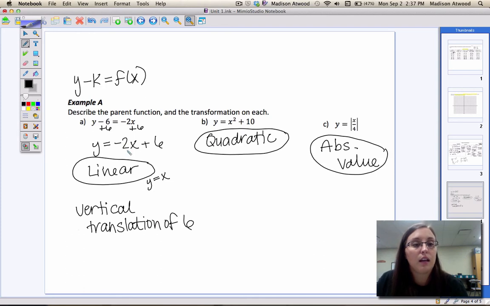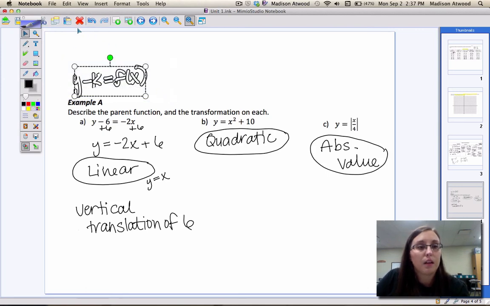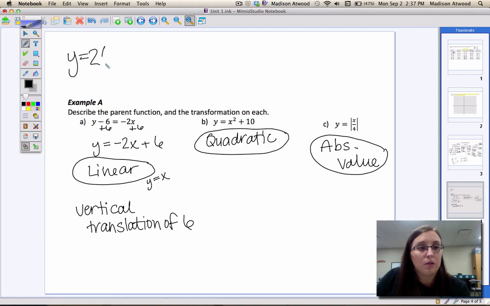And then the negative 2x, like I said in the previous example, means two different things. So the negative is not applied to just the x. In other words, it's not something like this, y equals 2 negative x plus 6, which in this case would kind of mean the same thing, and not all functions do it the same way here.